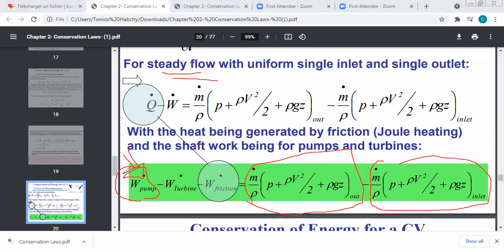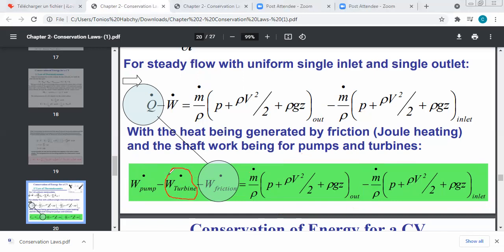On the other hand, for the turbine and friction forces, they will do the opposite. They will try to reduce the outlet energy flux, because that energy is lost. For a turbine, what will happen? Whenever I have a turbine, my system will lose energy.